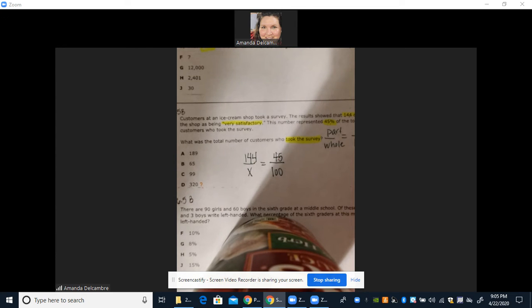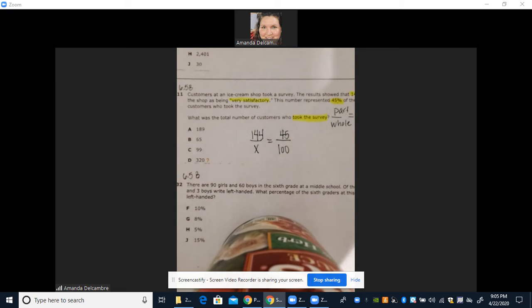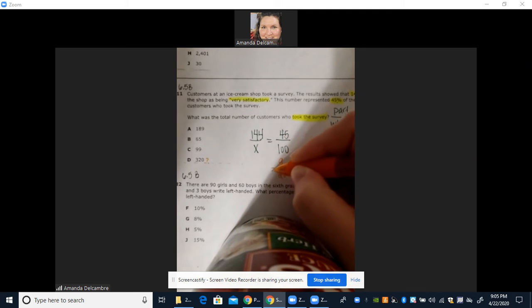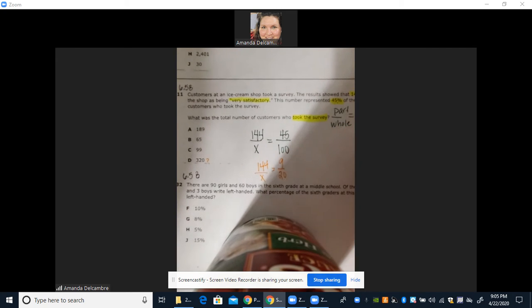Okay. I can simplify this fraction, because, take out a 5, that gives me 9 over 20 is equal to 144 over x.